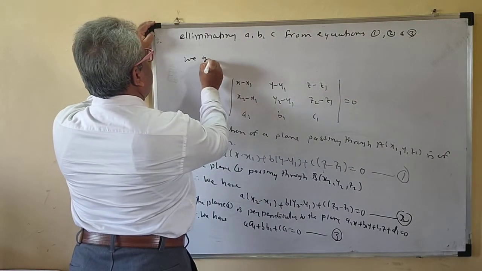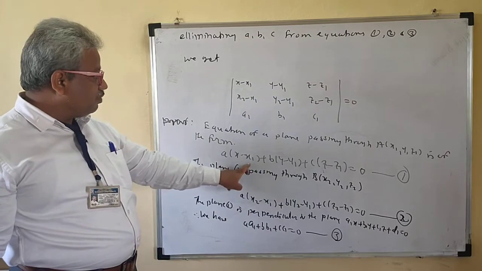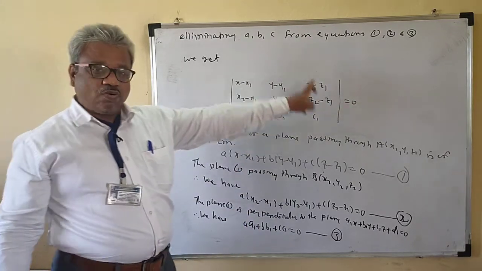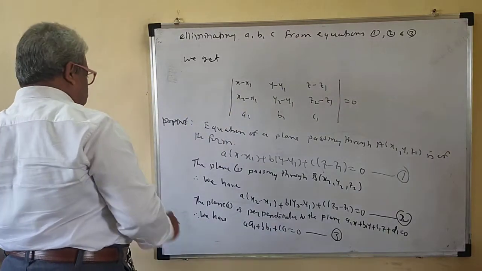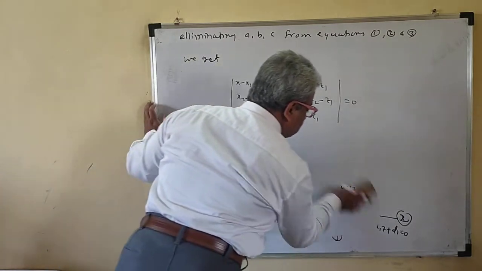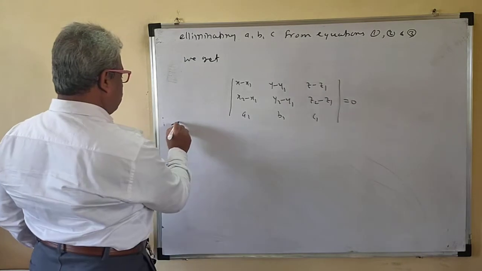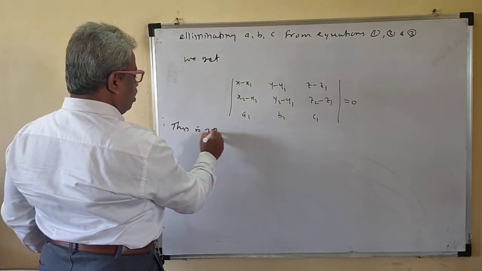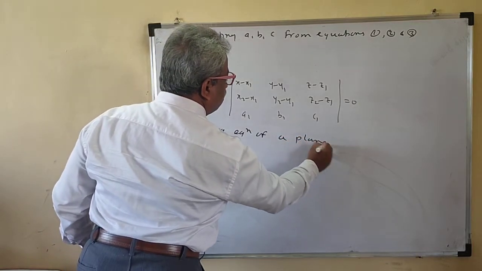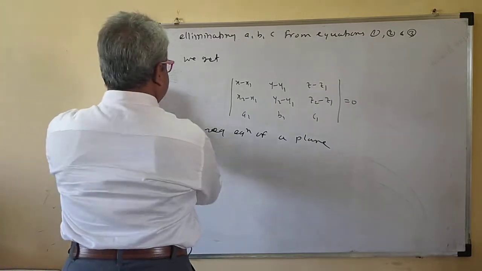We get the determinant with rows (x − x1, y − y1, z − z1), (x2 − x1, y2 − y1, z2 − z1), (a1, b1, c1) equal to 0. This is the required equation of the plane. So the proof is over now.